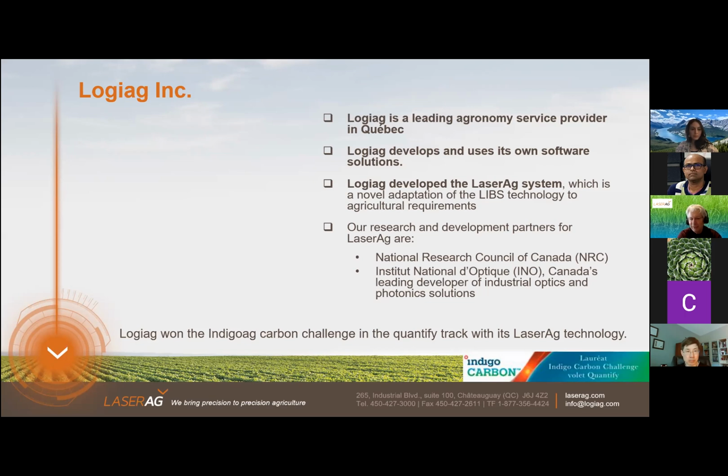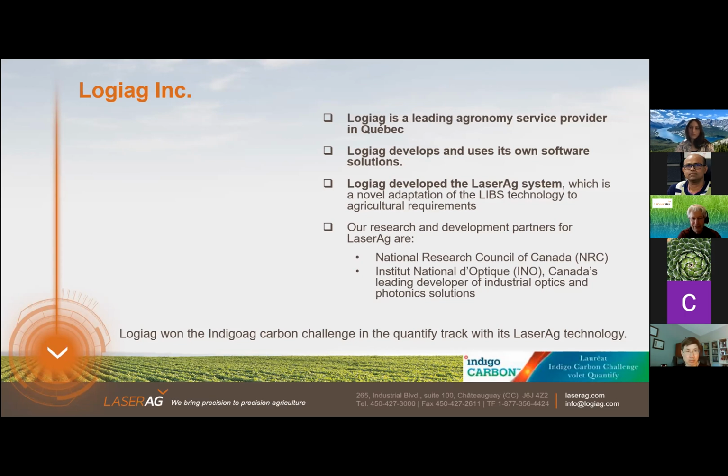Our research partners were the National Research Council of Canada, which is where the Canadian knowledge on LIBS was really located, and we started to work with them and adapt it for our purposes. We also work with l'Institut National d'Optique, a leading institute in optics, which is the designer of the commercial instrument and also our manufacturer.